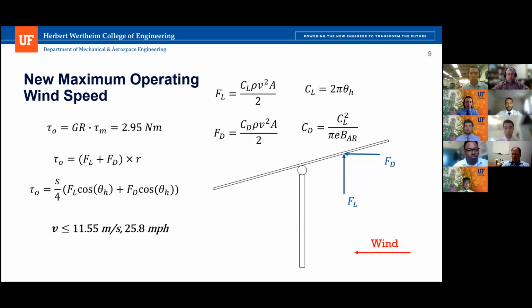This is not the maximum wind speed that the Heliostat can withstand structurally. This is rather the maximum wind speed that the motors can hold their position in, assuming a 0.5 meter by 0.5 meter mirror, before the wind overturns the motors. Next slide.